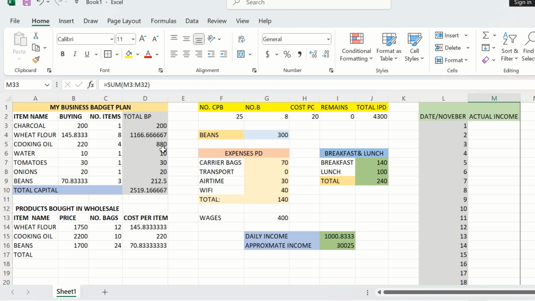Therefore, for instance, we are on date 1st and we have done our calculations. The product that we bought, let's say that we bought wood flour at 1850.